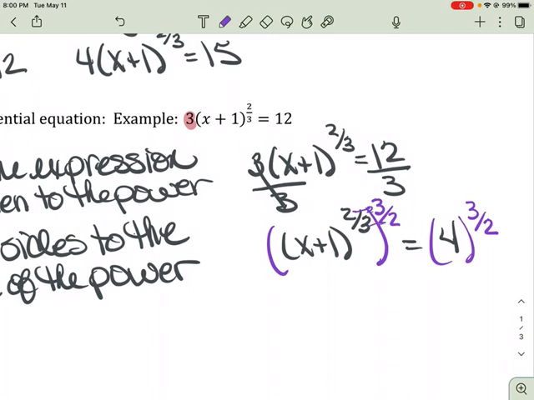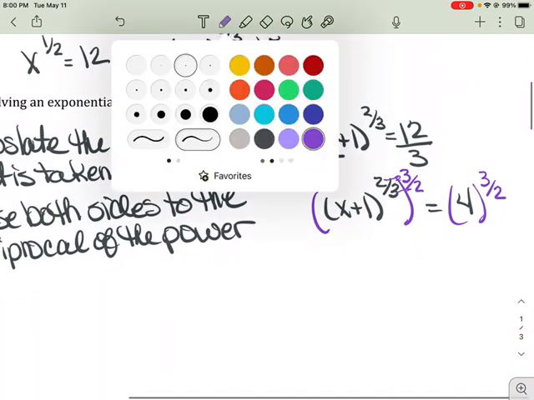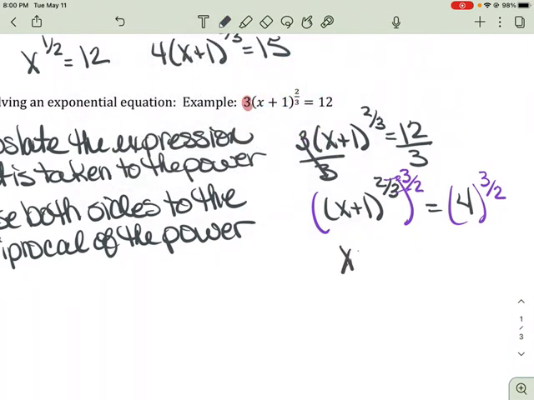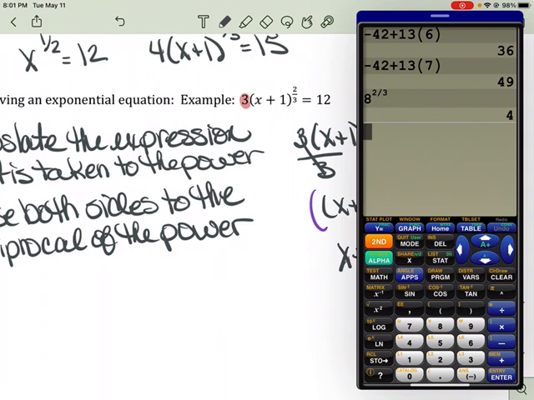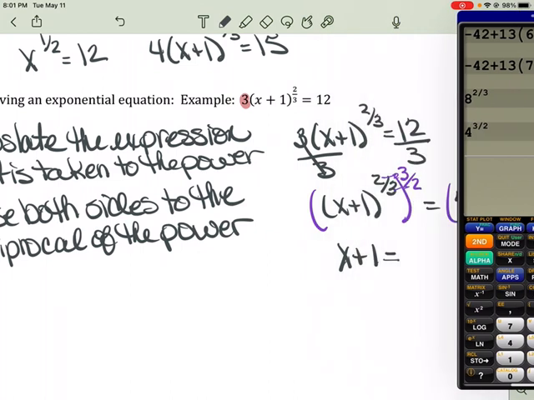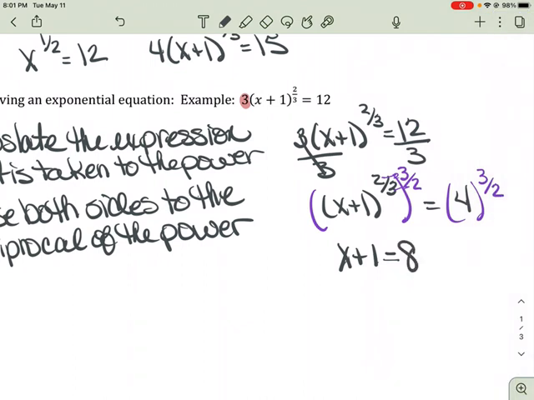So this becomes 6/6, which is 1, so they literally cancel each other out. We are left with x plus 1 is equal to 4 to the 3/2. 3 divided by 2, I want to say that's 8. It is 8.